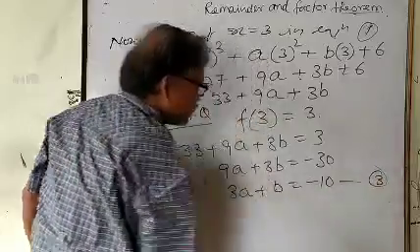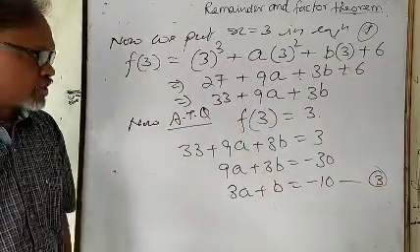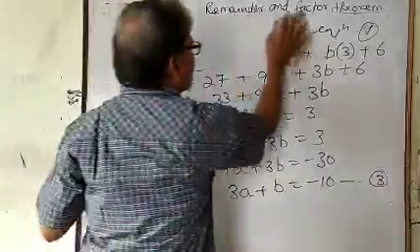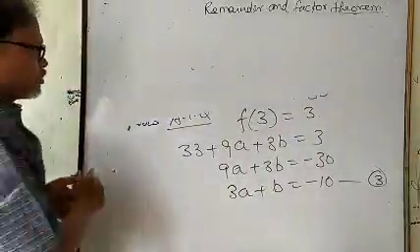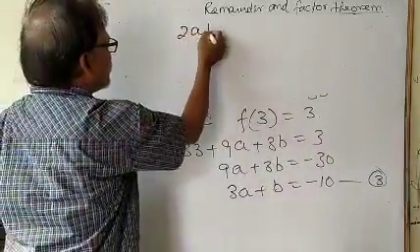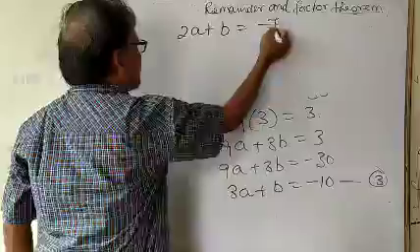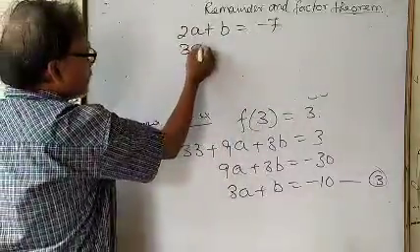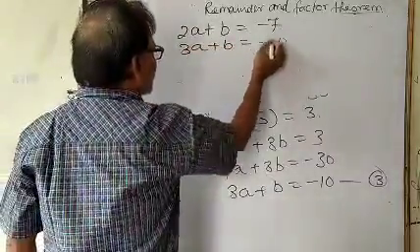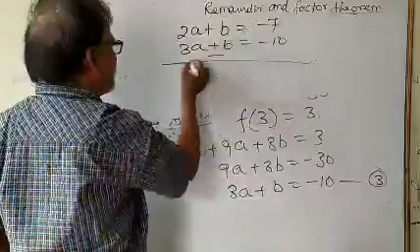This is equation number 3. Now solve equations 3 and 2 simultaneously. So 2a plus b is equal to minus 7 and 3a plus b is equal to minus 10. Simplify, subtract.